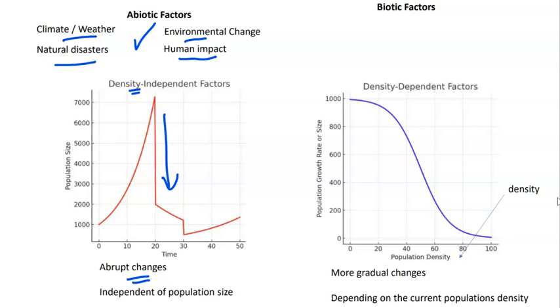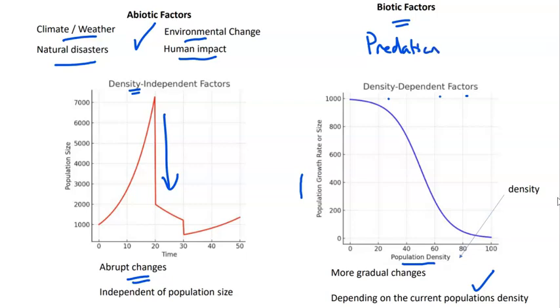On the other hand, and notice this axis here is different. This is population density, and this is the population growth rate. So as the population increases, density-dependent factors have a proportionately greater effect. And this is because these biotic factors are such factors as predation.